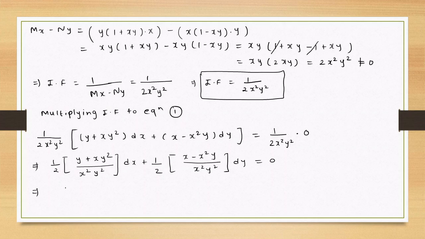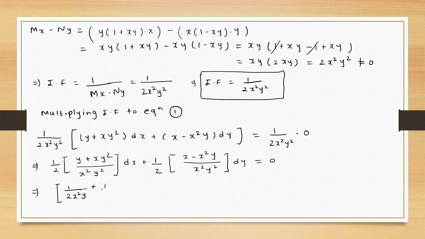So we can write it as: 1 by 2, y and this y square get cancelled, so we are remaining with 1 by 2x square into y plus this y square and y square get cancelled, x cancels with x square.